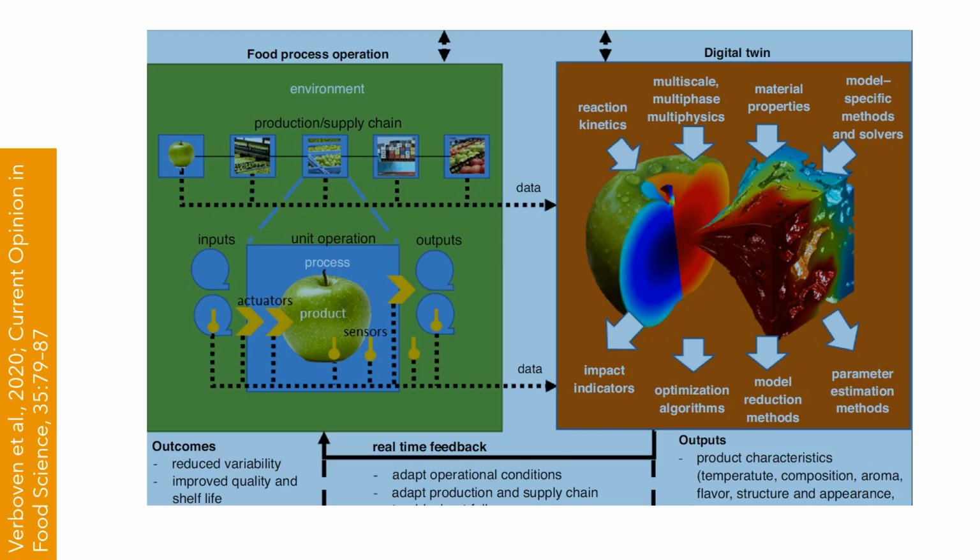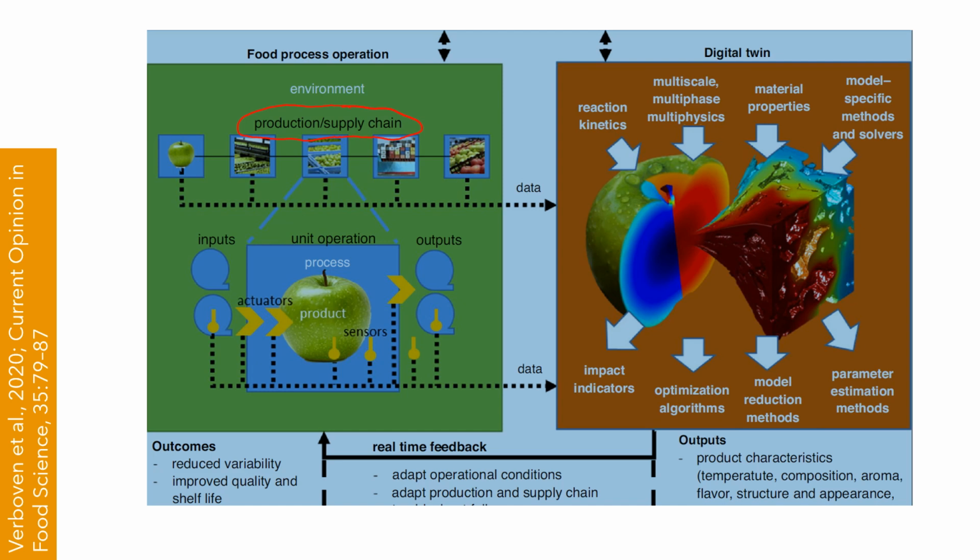Here I take the liberty to show you something from the literature. It is a conceptual model of such a digital twin from my Belgian colleagues. It is one of the earliest, if not the earliest, implementations of this concept for a fruit production or supply chain. I would like you to see the parallel of this one with the previous slide.